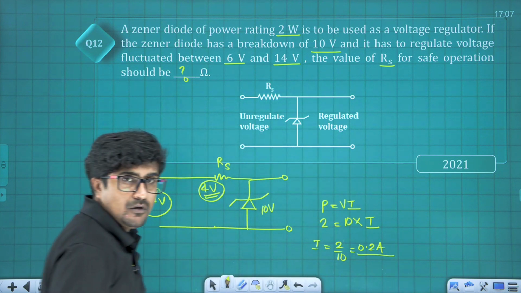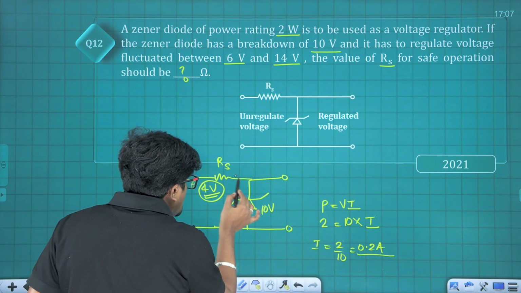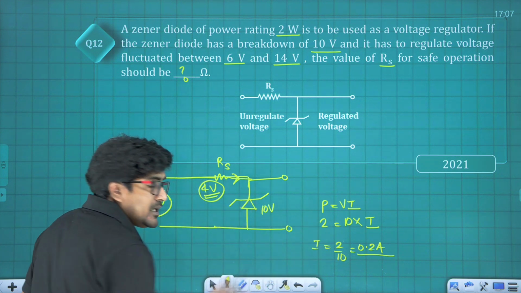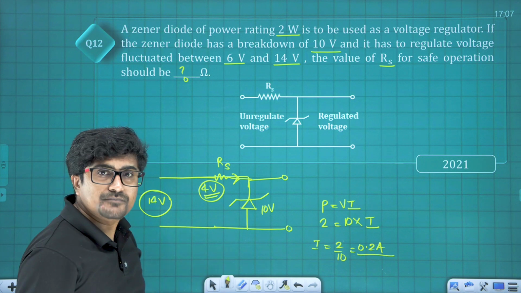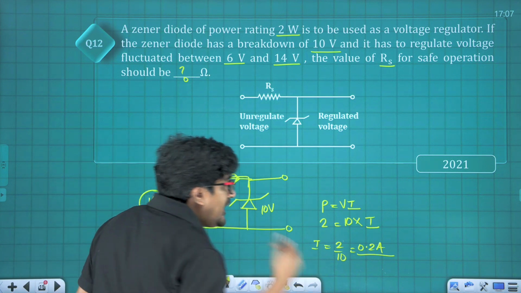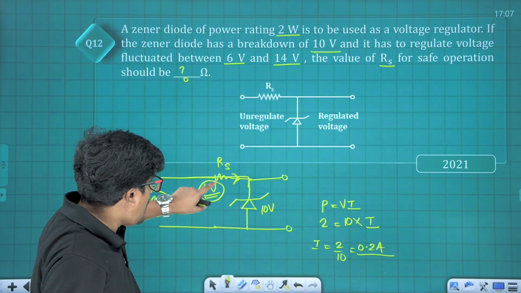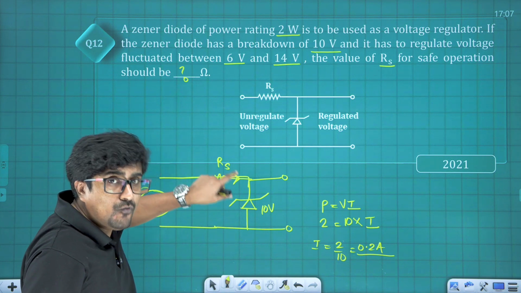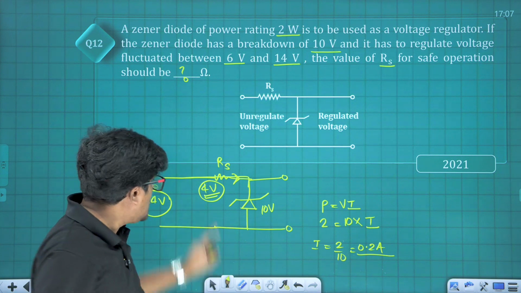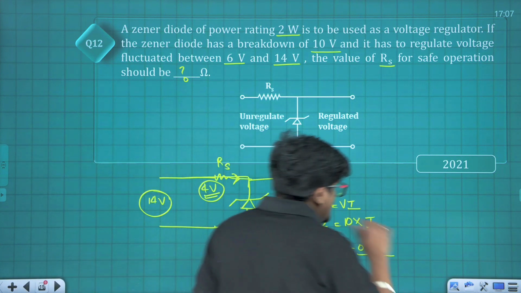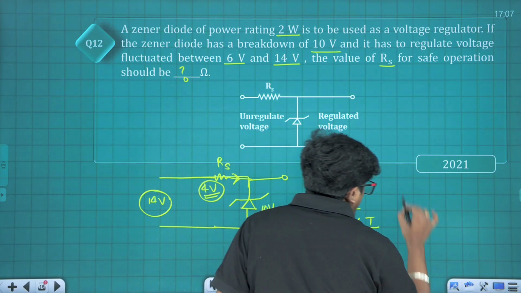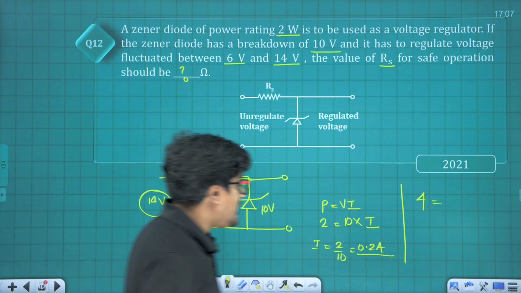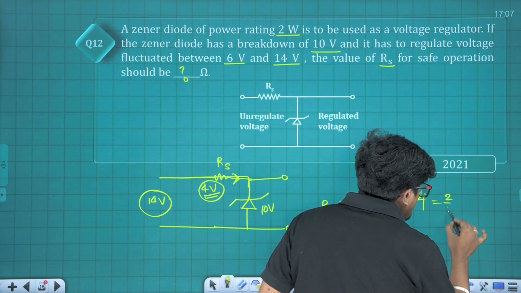That means the current flowing through here should be 0.2 ampere. We need 0.2 ampere flowing through this, provided 4 volt is the potential drop across Rs. So V over Rs is 4, and the current flowing is 2 by 10.